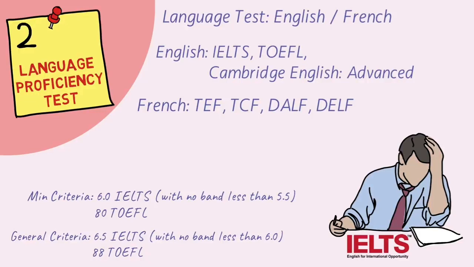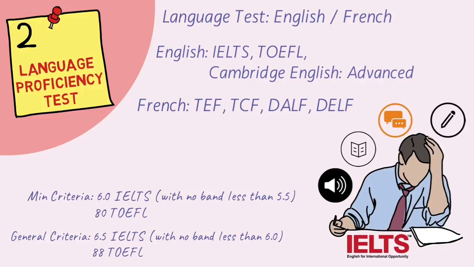You have 4 different bands: listening, reading, speaking and writing. For the general criteria, in all those 4 you should not get less than 6. But as I told you, it does differ from one university to the other, from one college to the other. So you should definitely look for the exact requirement so that you have a goal clear in your mind: this is your requirement and this is what you have to get.